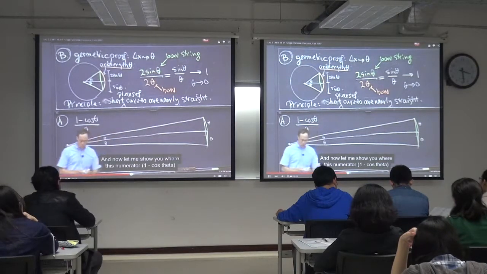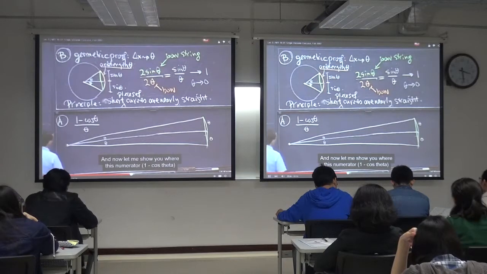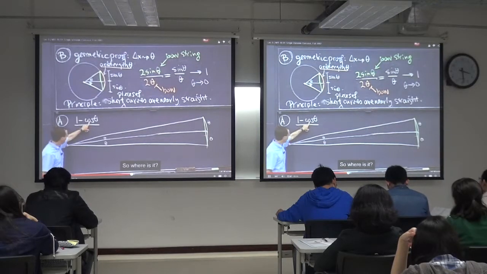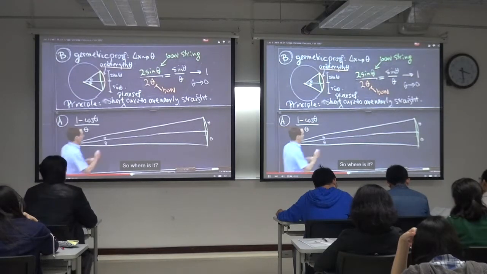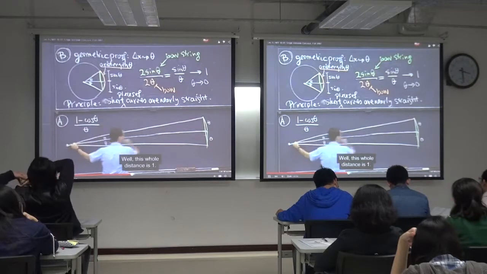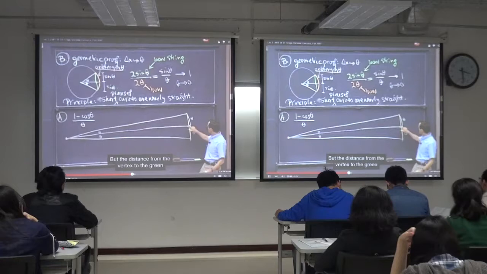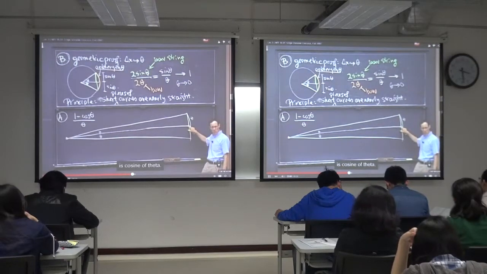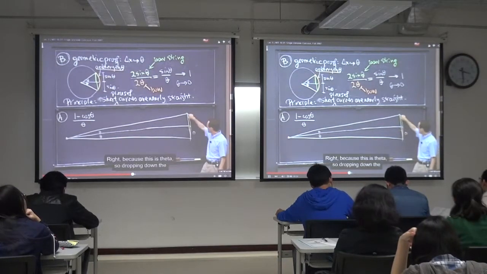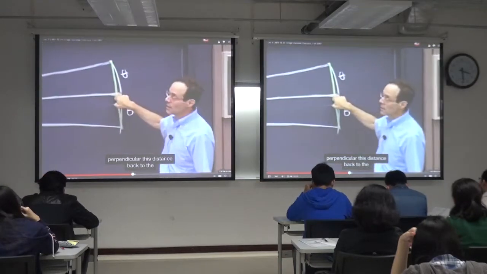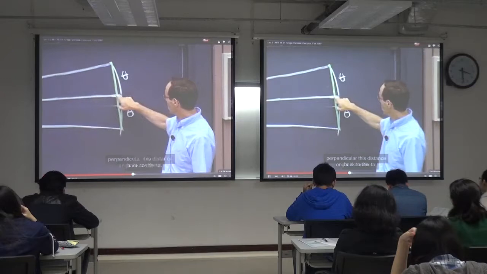And now let me show you where this numerator, 1 minus cosine theta, is on this picture. So where is it? Well, this whole distance is 1, but the distance from the vertex to the green line is cosine of theta, because this angle is theta, and dropping down the perpendicular gives this distance back to the origin of cosine theta.